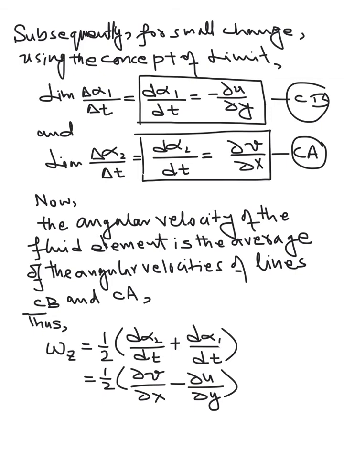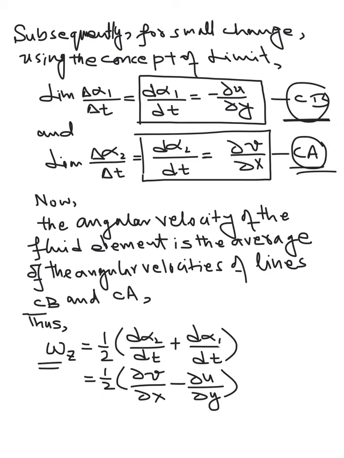Now by definition, the total angular velocity of the fluid element is the average of the angular velocities of lines CB and CA. So I will add these two, CB and CA, together to determine the total angular velocity of the element, which is nothing but this equation indicated by this symbol omega z.